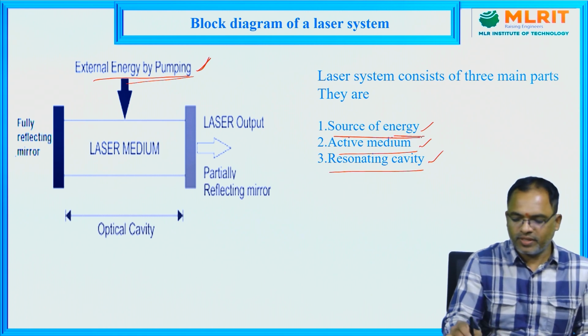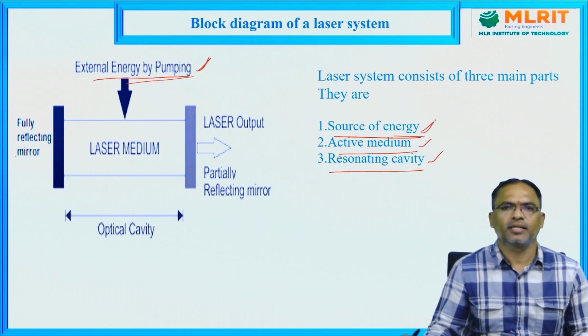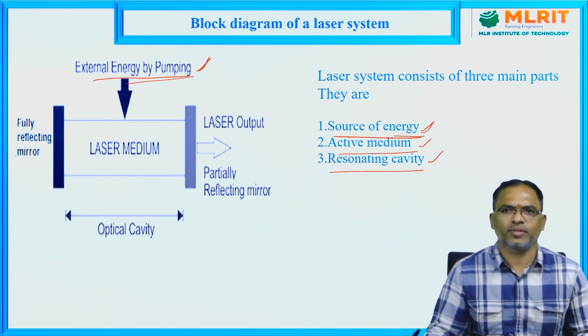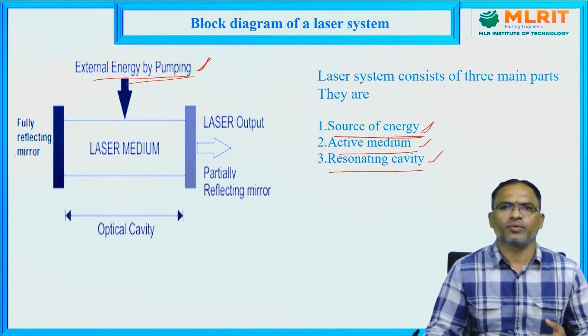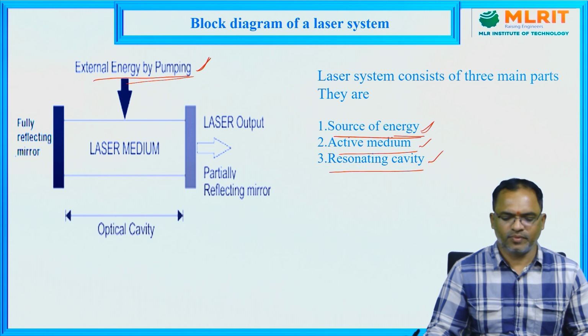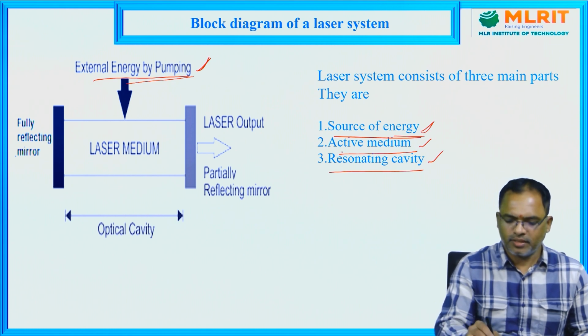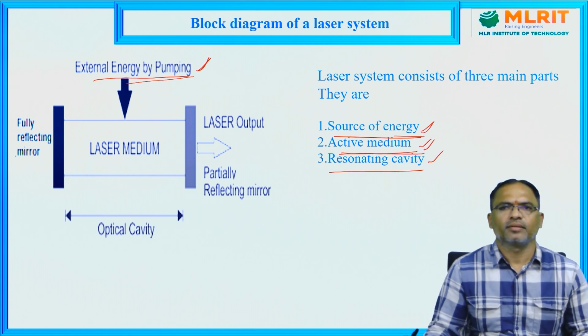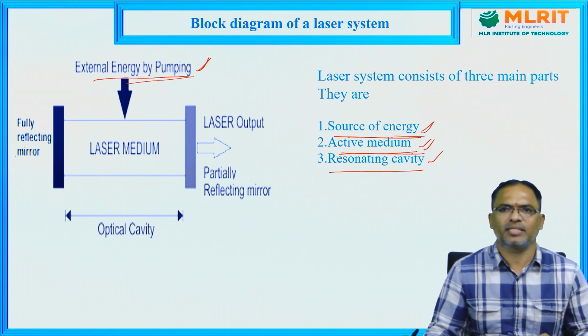The name source of energy itself implies that it supplies the required energy to the particles of the ground state so that they will move from the ground state to the excited state. The second part is active medium. We know that a laser is a device which produces laser light or laser beam.